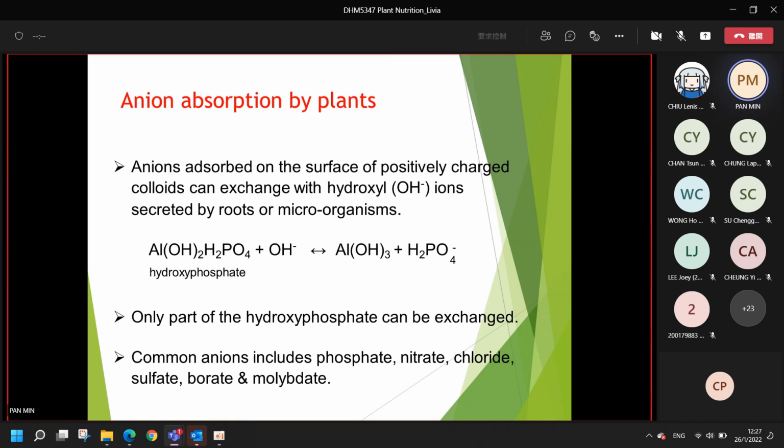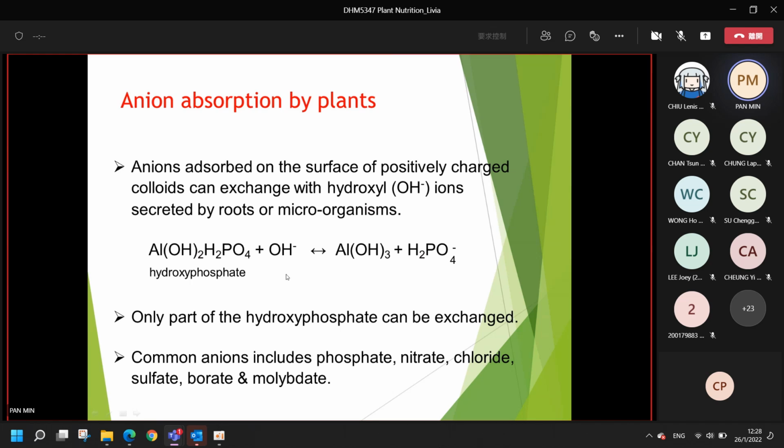The anions adsorbed on the surface of positively charged colloids can exchange with hydroxide ions excreted by roots or microorganisms. So here you can see that in an exchange situation, if there are exchangeable hydroxide ions in the solution, then they can help release the available phosphorus into the soil solution.